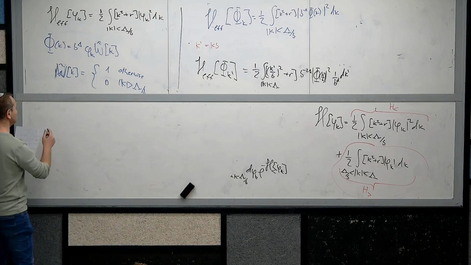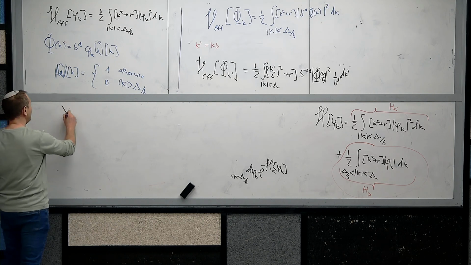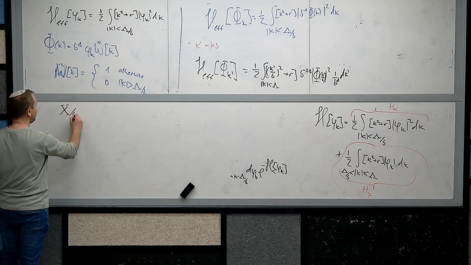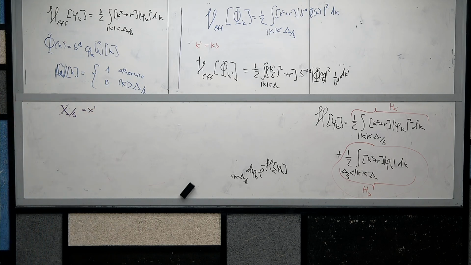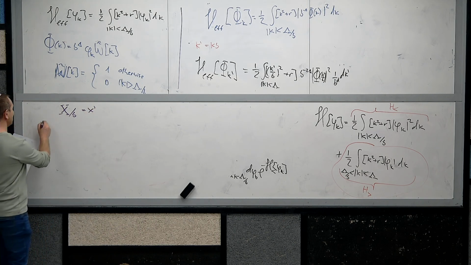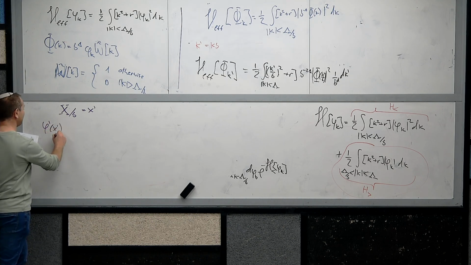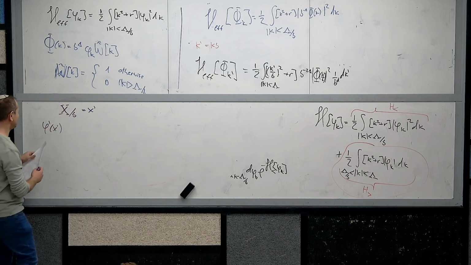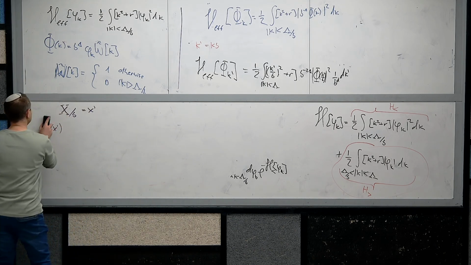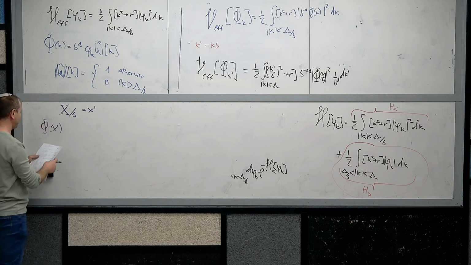Remember, I want to make a transformation of x divided by b equals x prime. So what is the phi prime of this x prime? I'm looking now at the average field, the field at x prime.